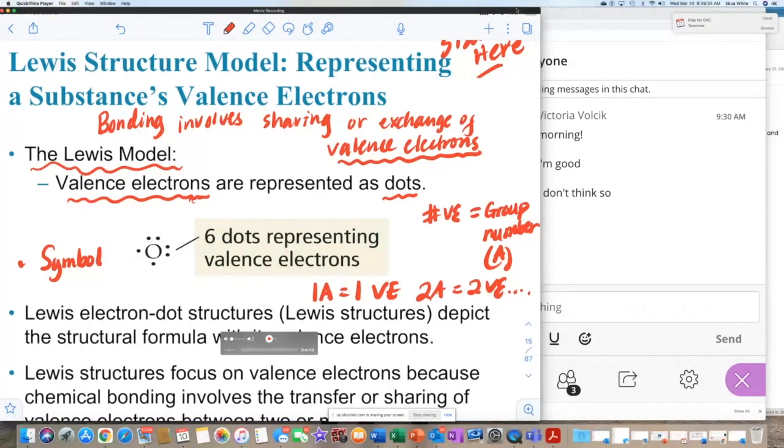The way you work it out is you put one dot around the symbol: top, bottom, left, right. Once again, order doesn't matter. And once you have four dots around the symbol, then you go back and pair them. If you have to put the fifth one, you put it next here, sixth, seventh, eighth. Oh, sorry, fifth, sixth, seventh, eighth. All of a sudden, I can't count either.